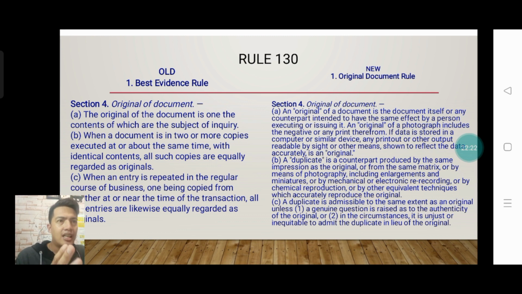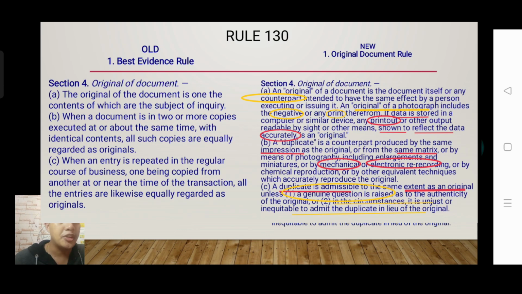However, under the new rules on evidence, even though there are only three specifications of an original document, there was an insertion of the word duplicate. So an original of a document is the document itself. Of course, ang original is the document itself. Or any counterpart intended to have the same effect by a person executing or issuing it.